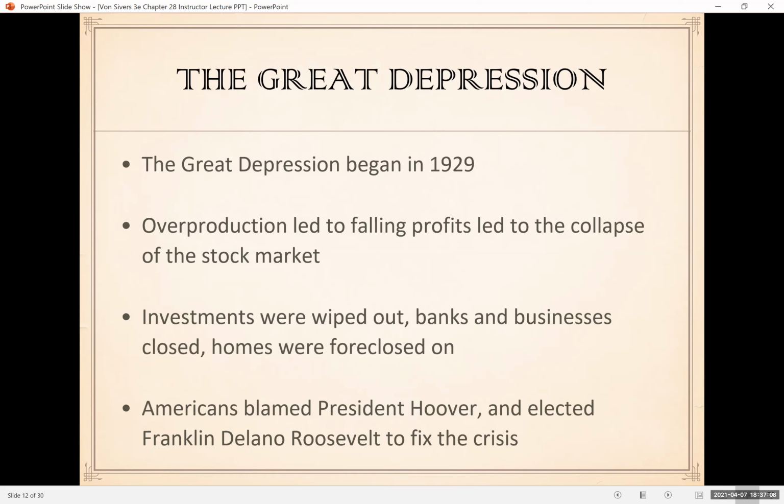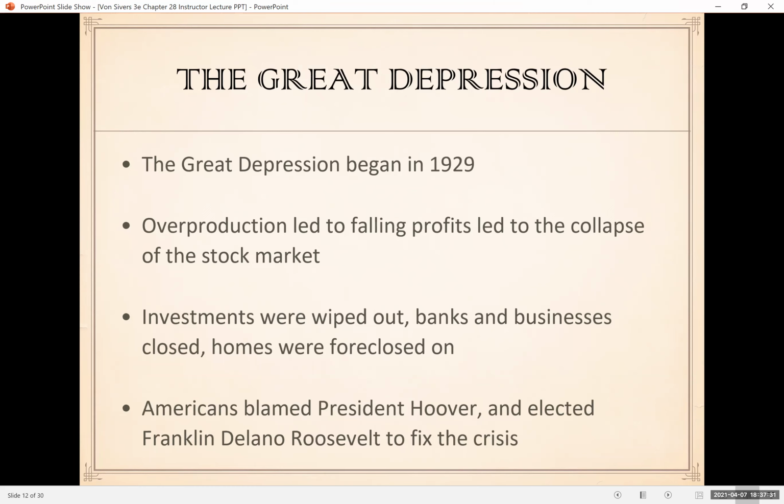There's a whole bunch of people who had bought on margin. They were in debt, so they wanted money right away to pay back that first guy. So they're going to call in the debt of a whole bunch of people, and then they're going to call in the debt, etc. It's like dominoes. And the stock market collapses.